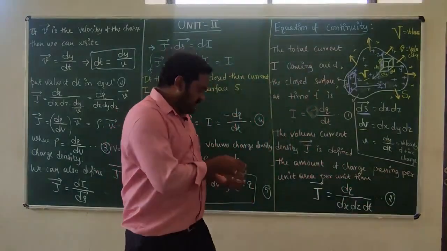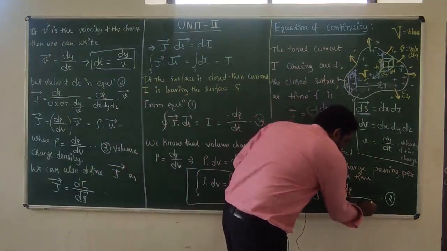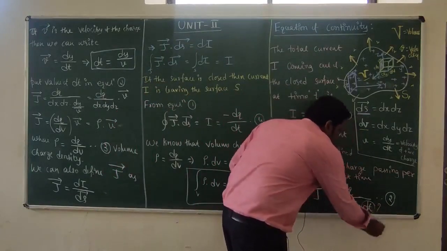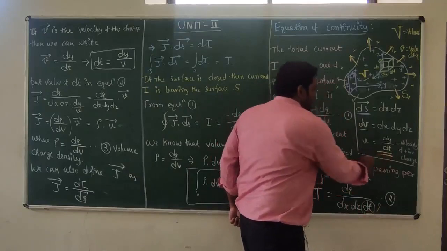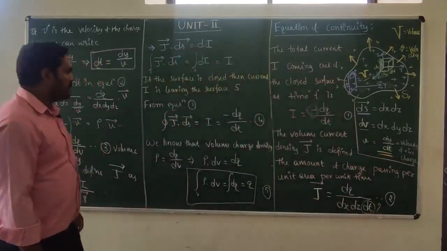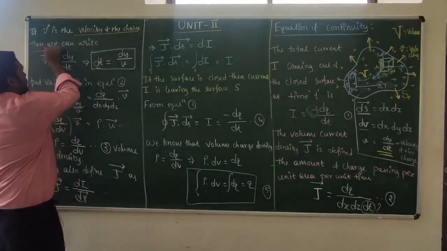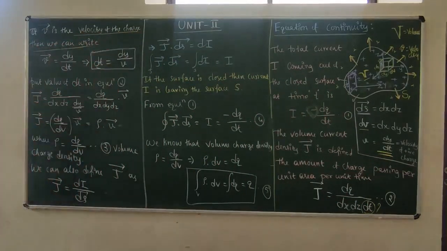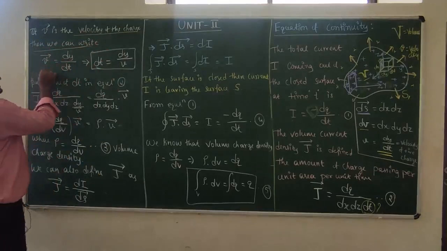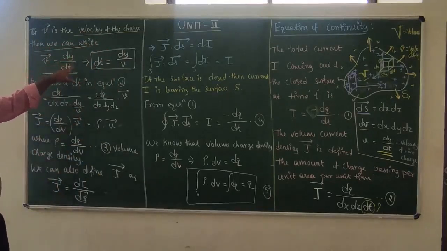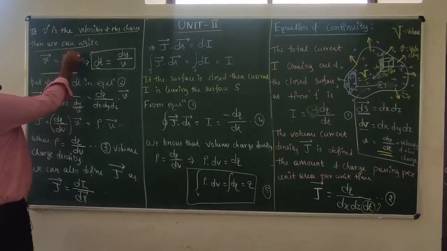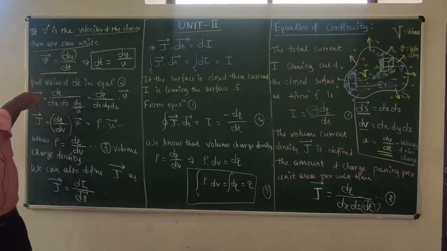Now what is dt? For that we will take the velocity term. If v is the velocity of the positive charge, then we can write velocity is equal to dy by dt, where dy is the displacement along the y direction.